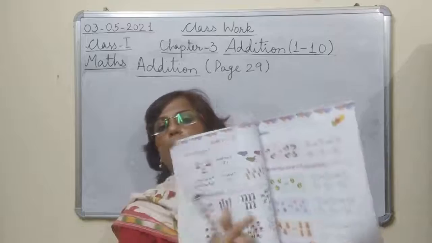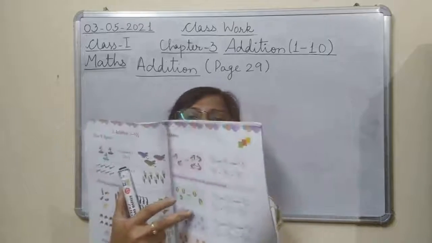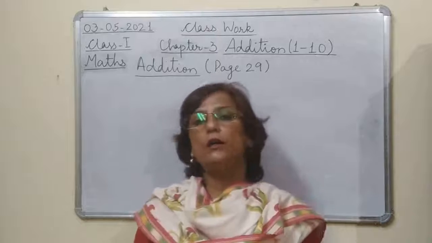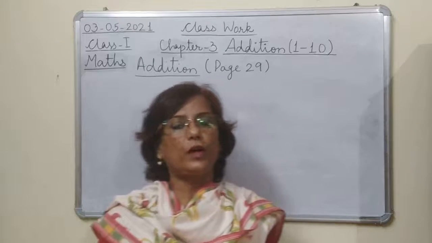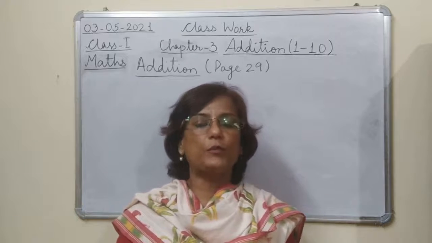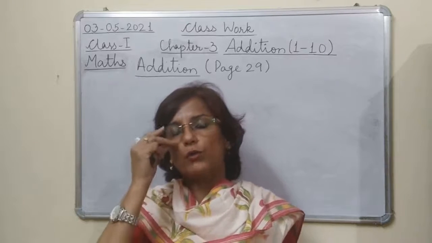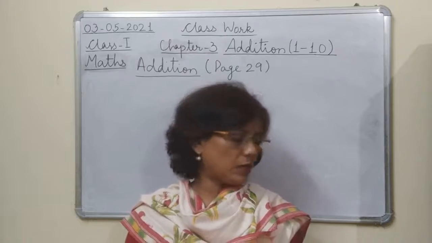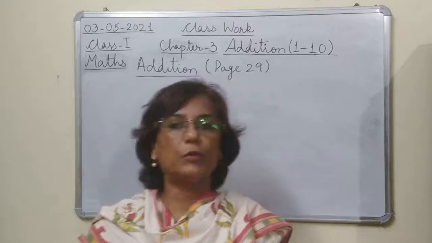This is page number 29. Now here what are we going to do? We are going to count the objects. पहले हम objects को count करके फिर उनका number लिख करके and then we will do the addition. ठीक है? First we will count the numbers.